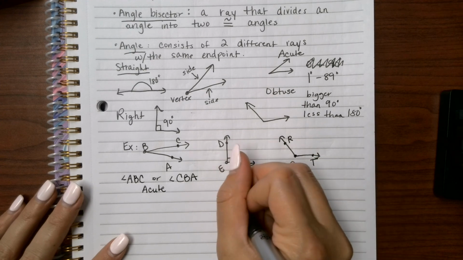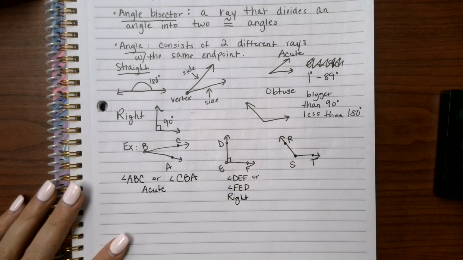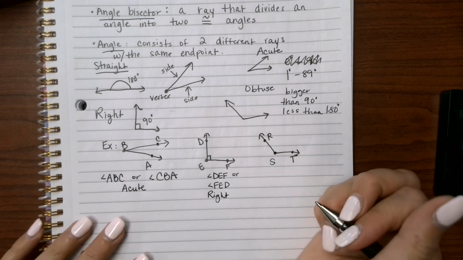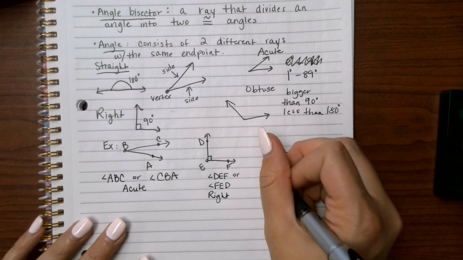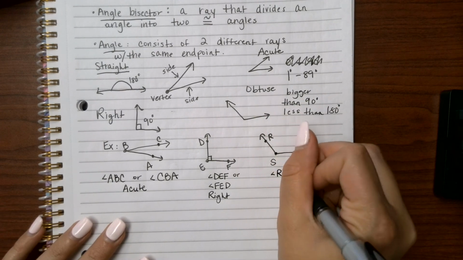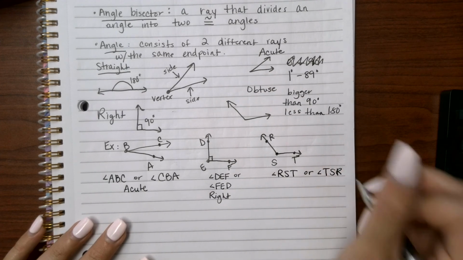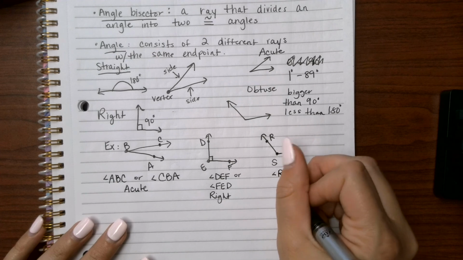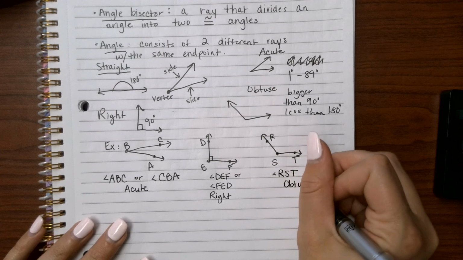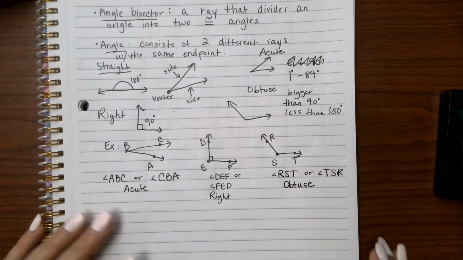And it is a right angle because it makes a 90-degree angle. This one can be called angle RST or angle TSR. And it is obtuse. It is bigger than 90 degrees. Okay?